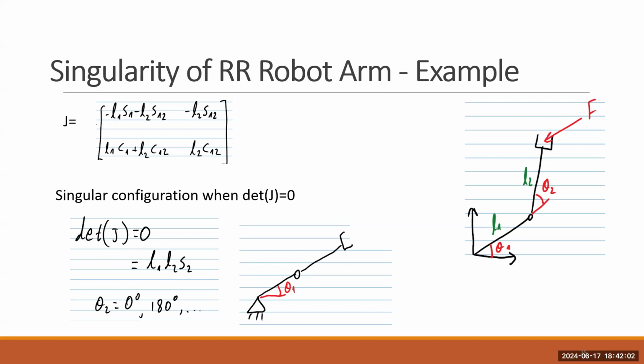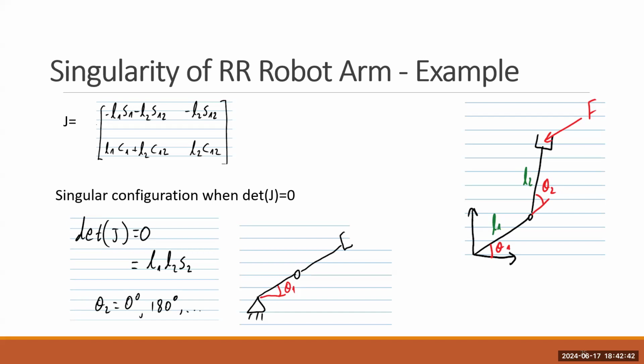You can check this. And this is 0 when sine θ2 is 0. When θ2 is either 0 or 180 degrees, or pi. So it is either this configuration or the configuration when it's folded back.